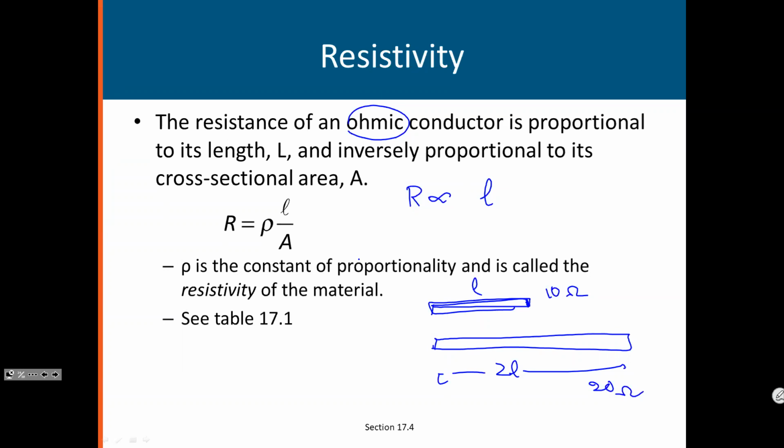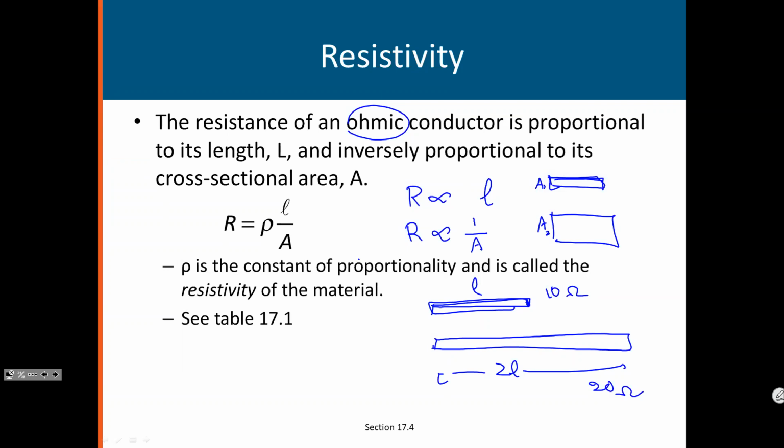So that you understand. Also, we know the resistance is inversely proportional to the area. Let me take two wires of the same length now. I am not changing the length, but I am changing the cross-sectional area. This is a small area, and this is the big area. Now, what do you think will happen to the resistance?